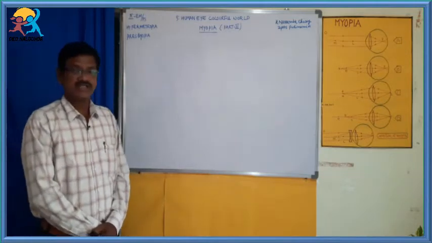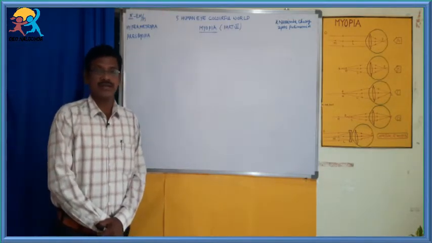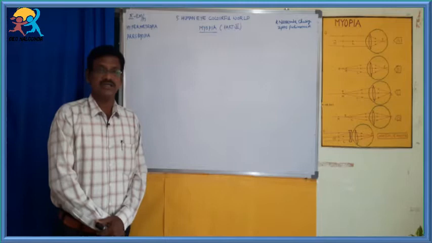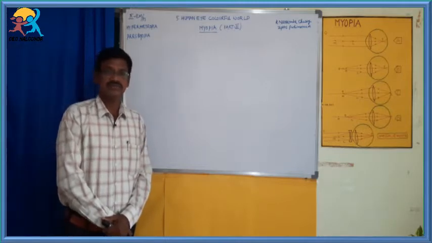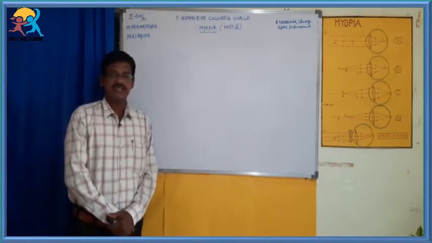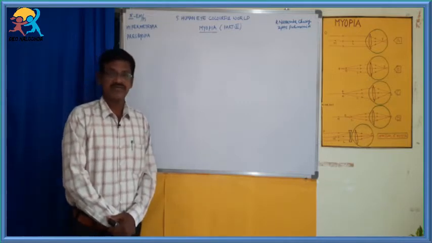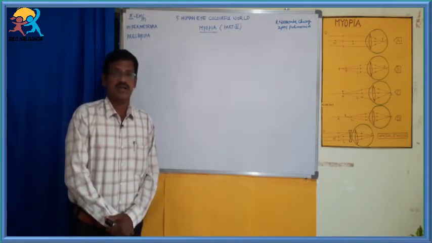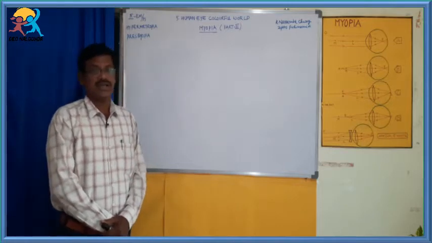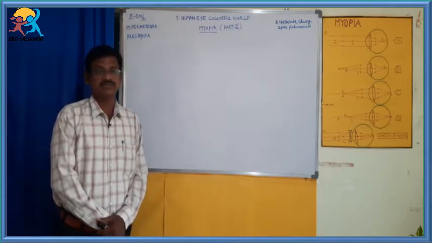In the previous classes, we learnt about the human eye and the colorful world in 10th class Physical Science. In the last classes, we discussed the distance of distinct vision, angle of vision, and accommodation of the eye lens.